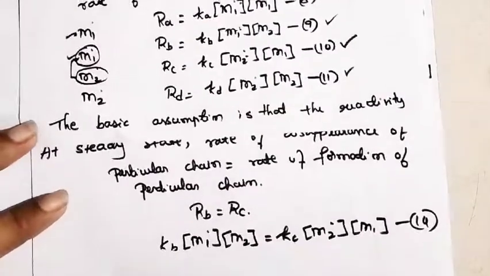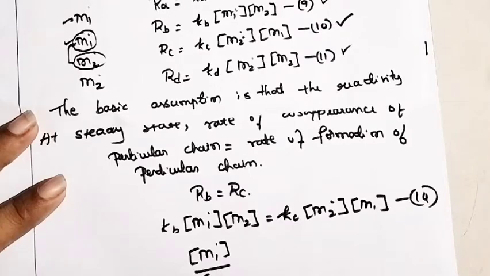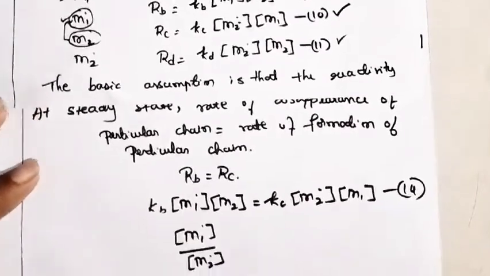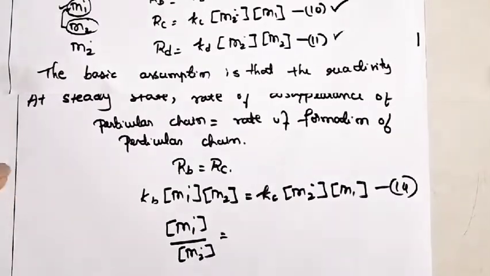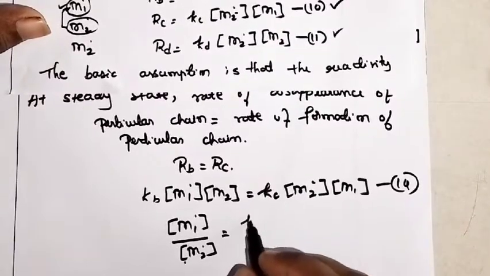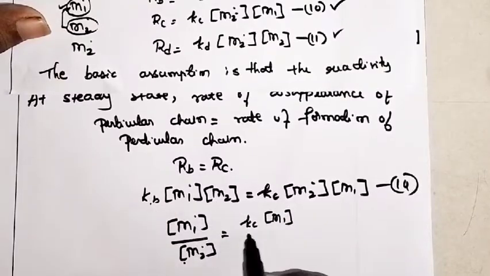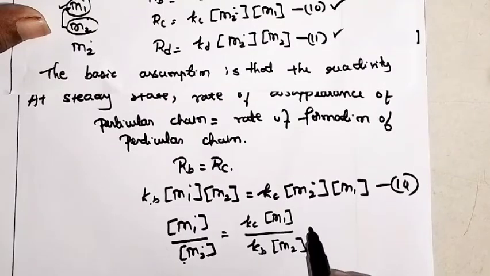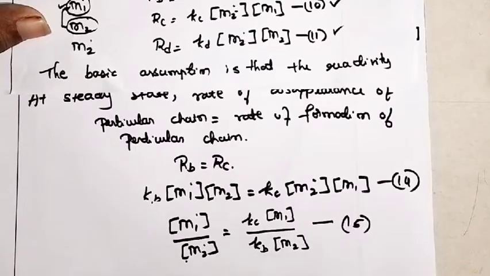Next, from this equation I write M1 free radical divided by M2 free radical, from the above equation itself. You keep M1 free radical here, M2 free radical is taken below. So you have Kc into concentration of M1, and bring this below, Kb into concentration of M2. This is our equation number 15.